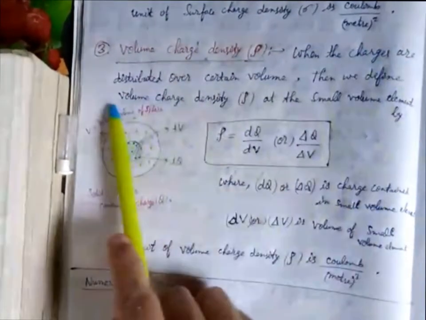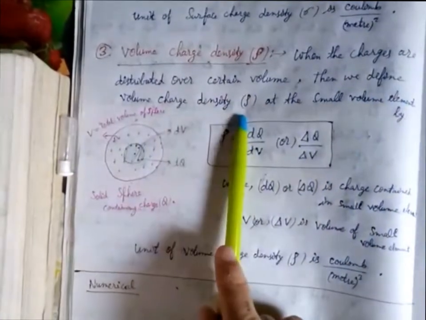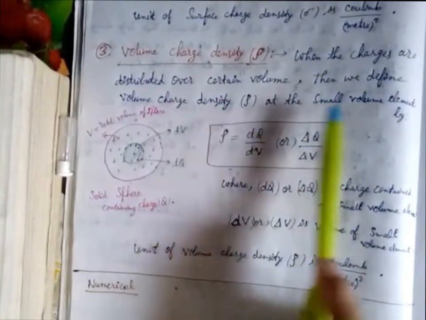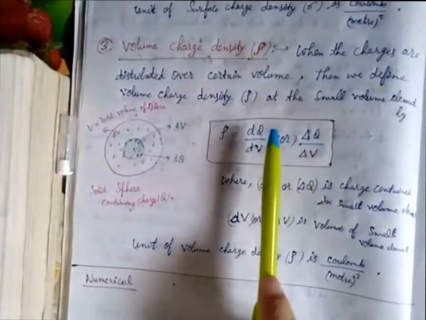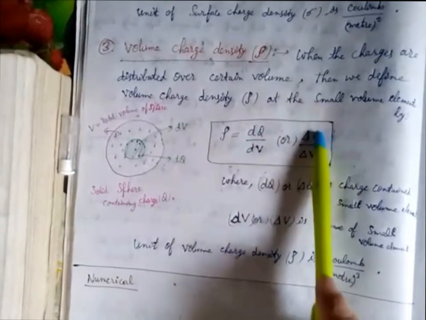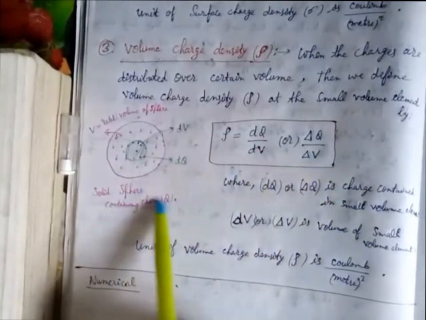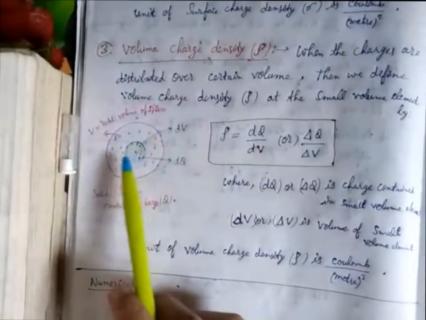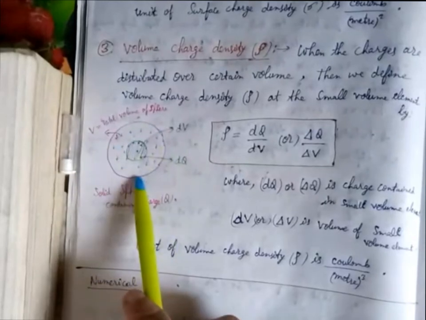When the charges are distributed over a certain volume, then we define the volume charge density at a small volume element, that is rho is equal to dq by dv or delta q by delta v. Like this is a solid sphere having q amount of charge contained over it.